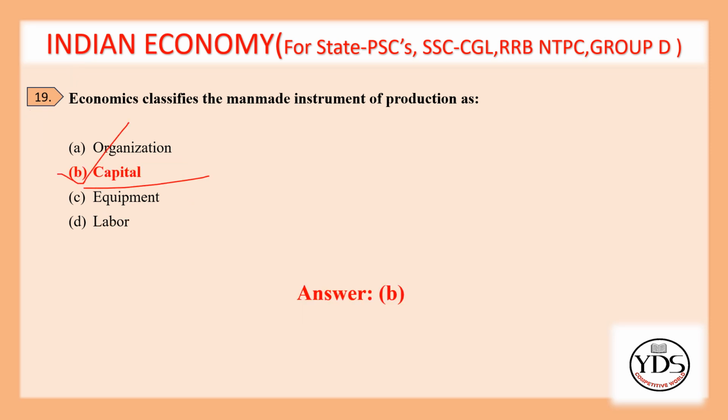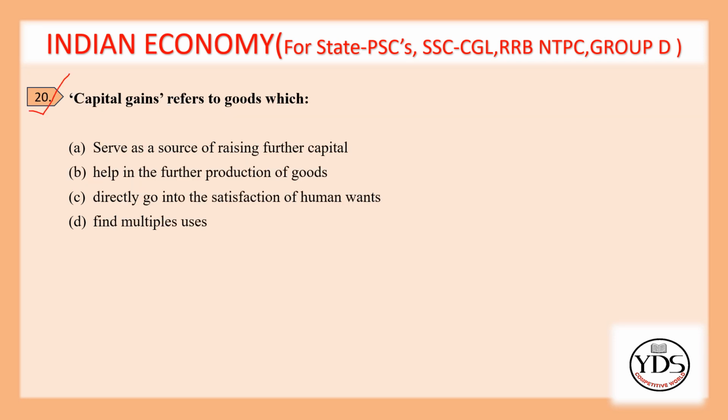Option B, capital is the correct answer. Here comes the last question. Capital goods refers to goods which serve as a source of raising further capital, help in the further production of goods, directly go into the satisfaction of human wants, find multiple uses. Option B, helps in the further production of goods is the correct answer.